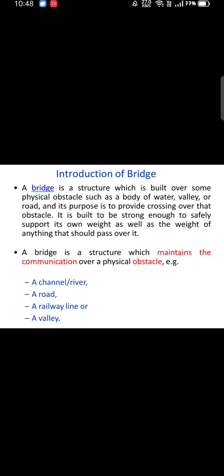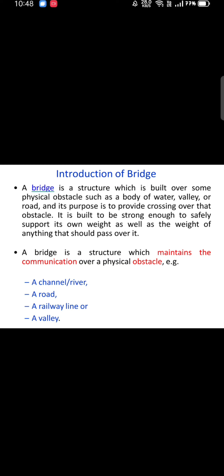If there was a deep water body or deep valley, people used wooden logs or banyan tree branches as a support to cross over that obstacle. That is the way the idea of the bridge came into existence.